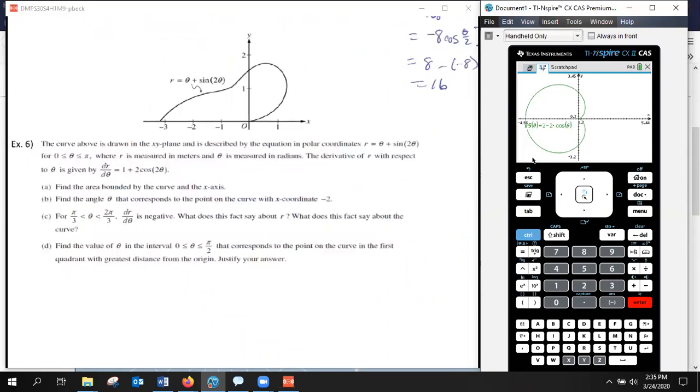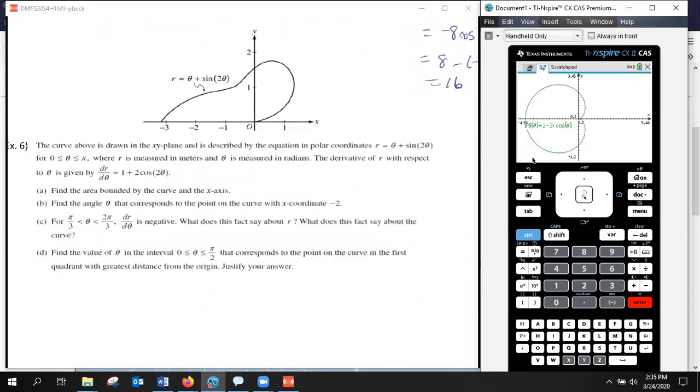I'll clap. All right, let's go through this a little bit efficiently. Find the area bounded by the curve and the x-axis. So if we kind of want to see, this is an AP problem, by the way. If we want to see how to determine this area, we need to know what that theta value is and what that theta value is.